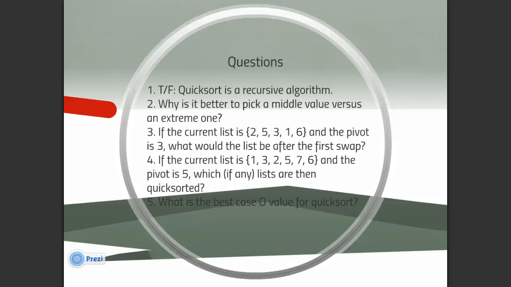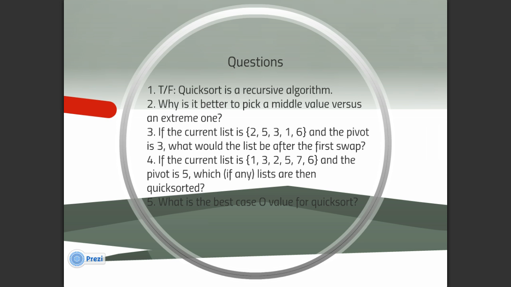Now, number 4, if the current list is 1 3 2 5 7 6 and the pivot is 5, which lists are then quick sorted? So you see, it's already moved the ones that are less to this side, so there wouldn't be really anything until the next pivot. Now it's going to quick sort some lists.